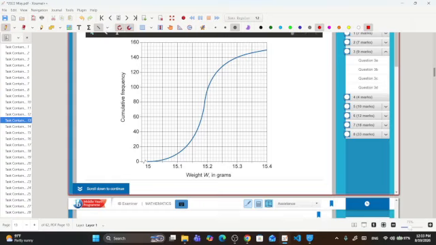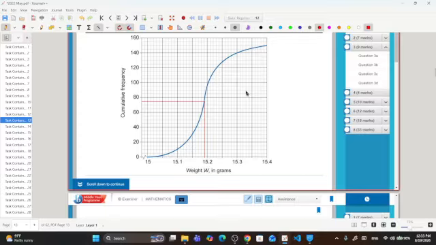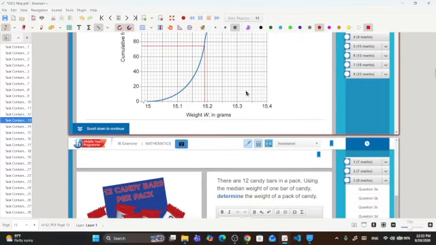This is 70, this is I think 75. So this represents roughly 15.19 grams. And that is the value for 1 bar of candy.